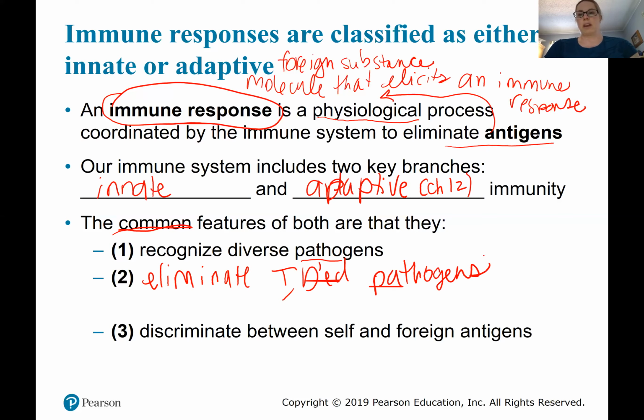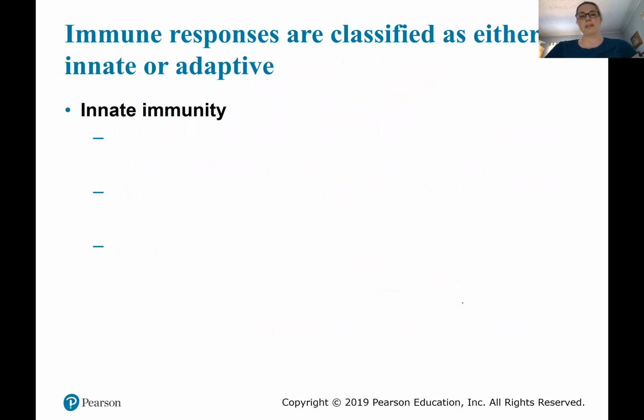So they'll identify them, recognize them, eliminate them through various methods, and both are able to discriminate or determine the difference between self and foreign antigens. We don't want to attack self, right? That's called an autoimmune disorder, when the immune system attacks itself. Okay, so that's a problem. We don't want that to happen.